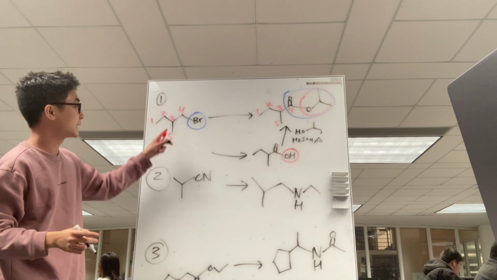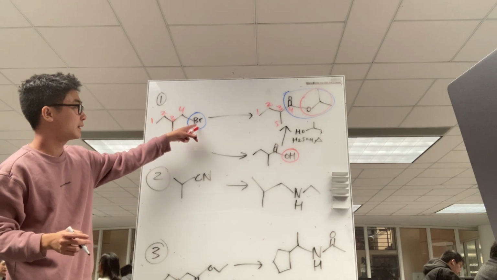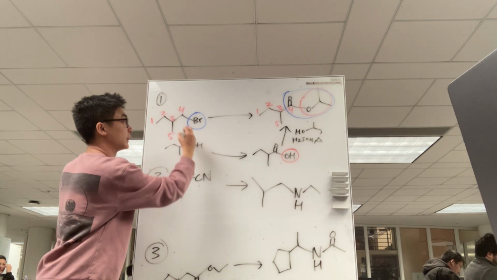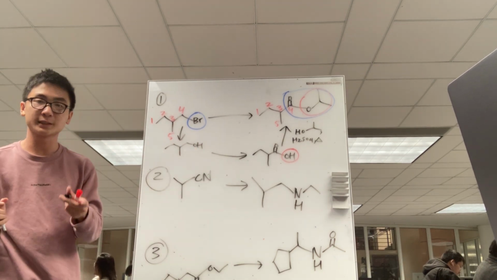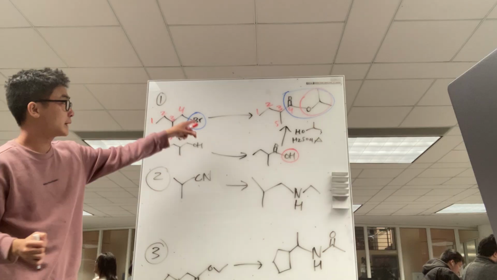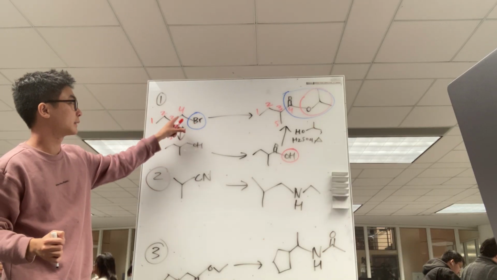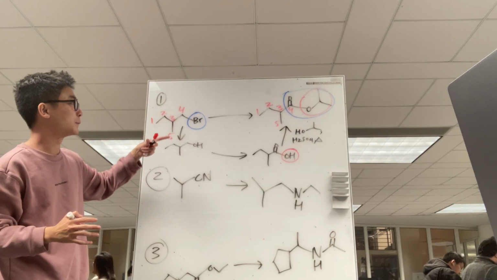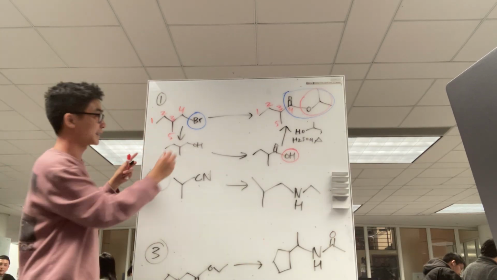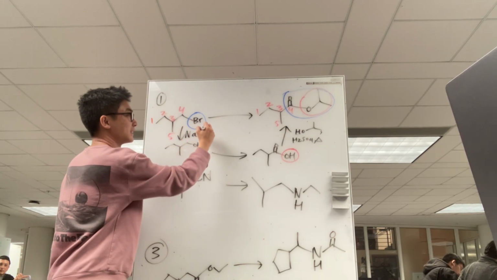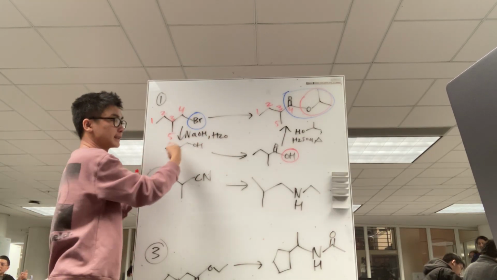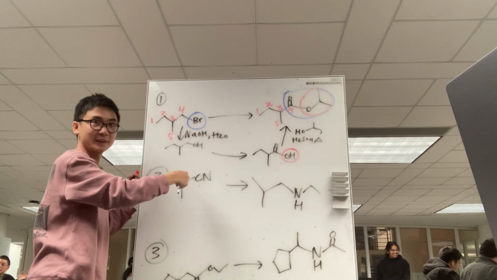But we see this bromine can get converted into an OH using not SN1 but SN2. For SN1 we form a carbocation intermediate, which we cannot form here. The better way would be SN2 with NaOH and water, because the OH minus will attack this carbon, take that bromine out to get this primary alcohol.